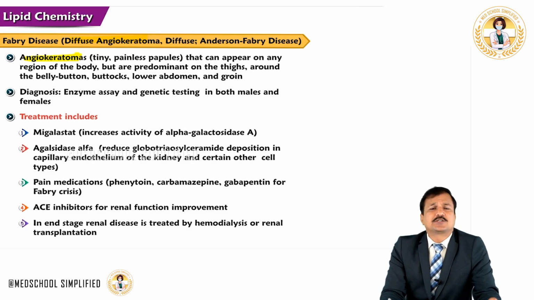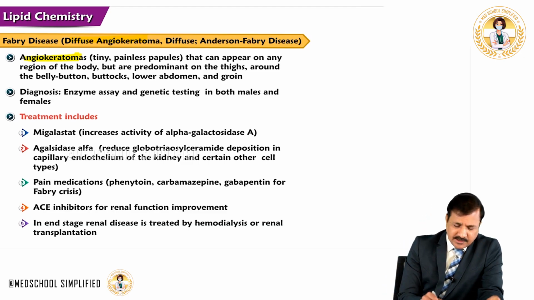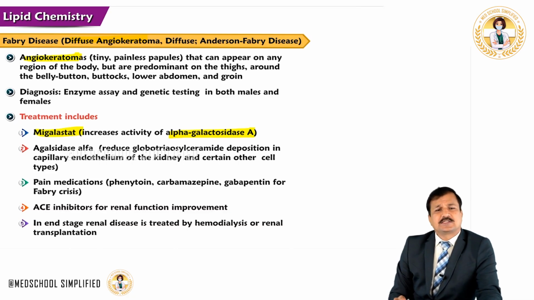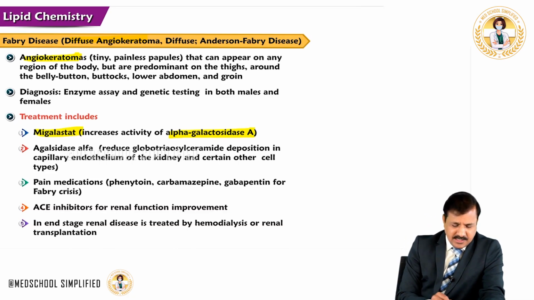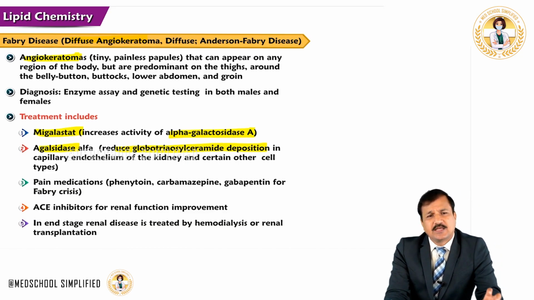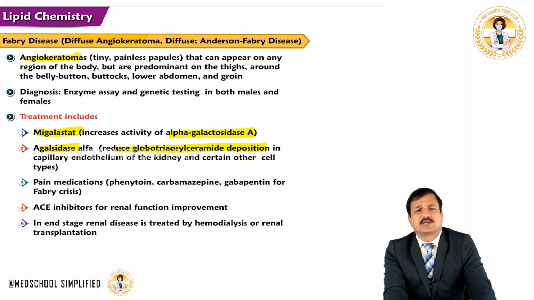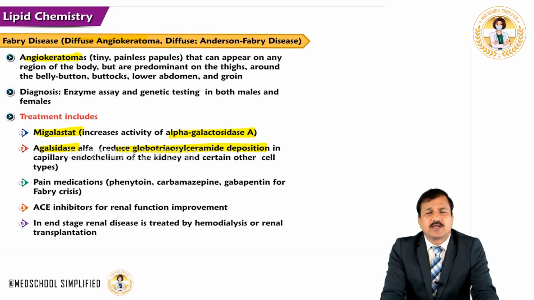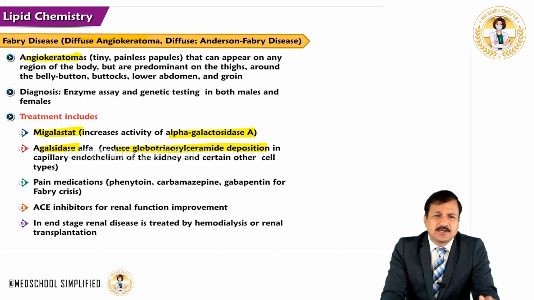Now treatment includes migalastat, and this migalastat increases the activity of alpha-galactosidase A, and then agalsidase alpha. This treatment reduces the accumulation of globotriaosylceramide, especially in the capillary endothelium of the kidney and certain other cell types, thereby decreasing the signs and symptoms.